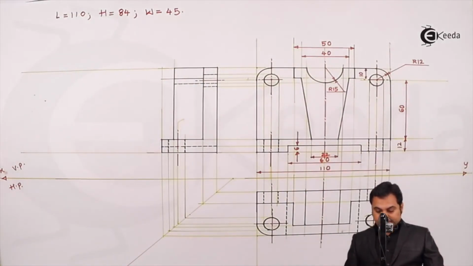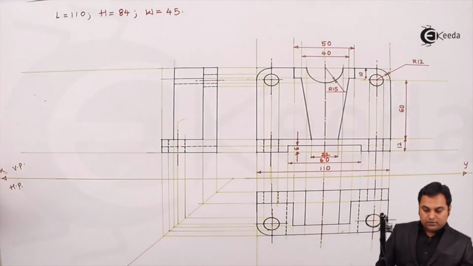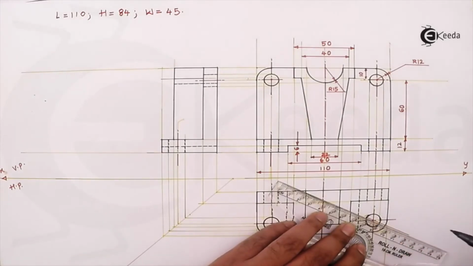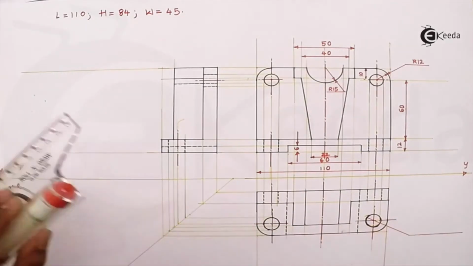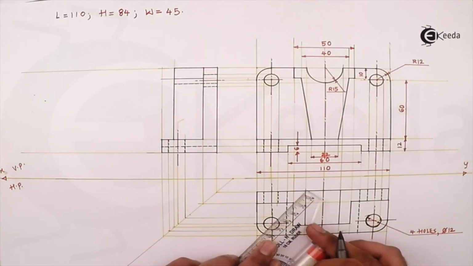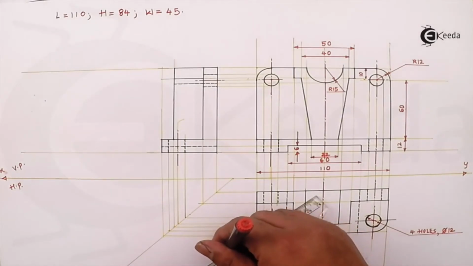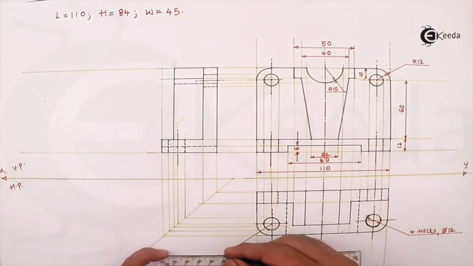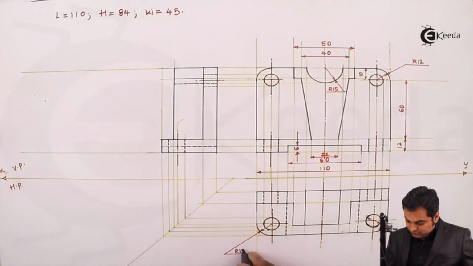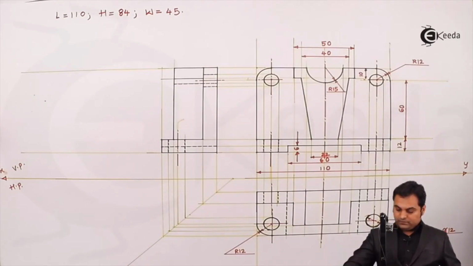Next, I'll give the dimensions in the top view. For that, starting with the circles, here there are 4 holes having the same diameter, 12 mm. The radius of the quarter circle, radius 12 mm.